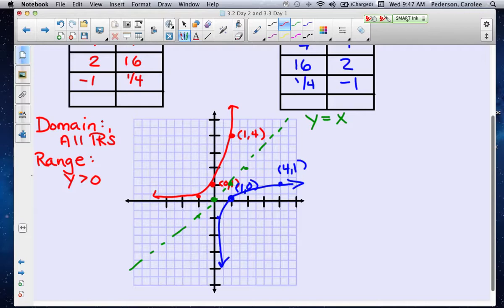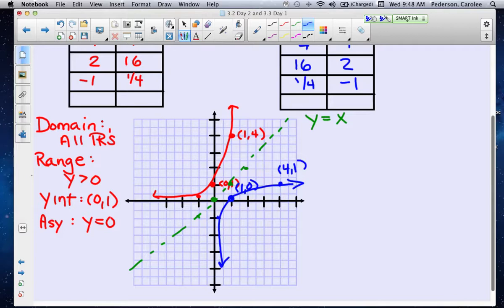Where is my y-intercept at? Over 0, up 1. It's increasing, and it has an asymptote where? Y equals 0.